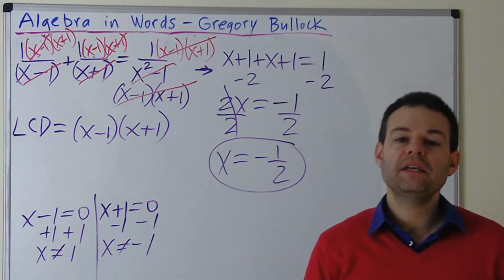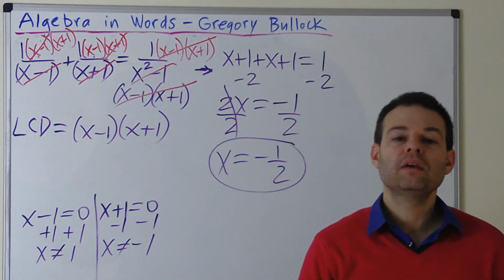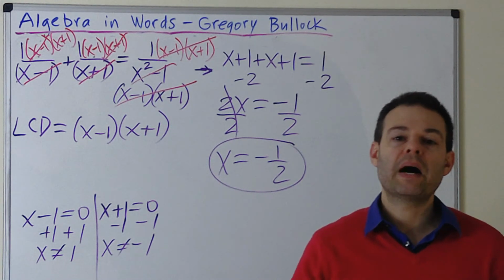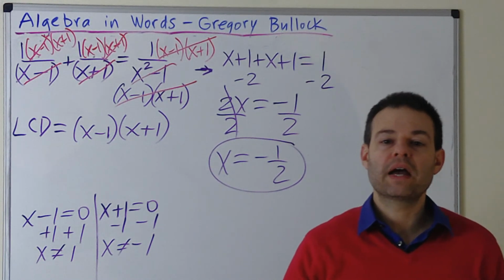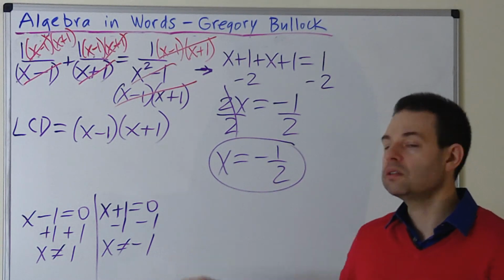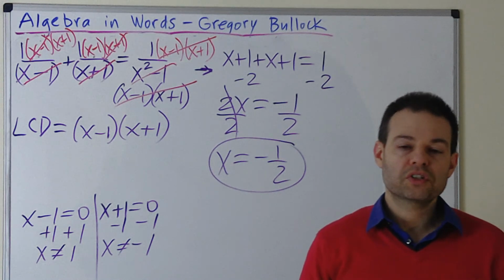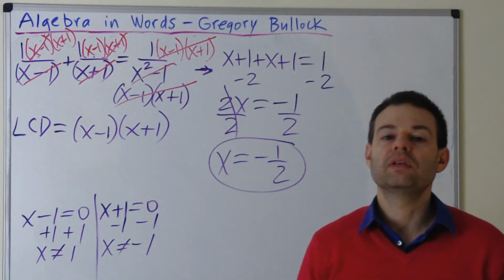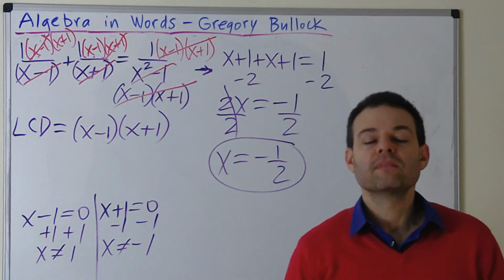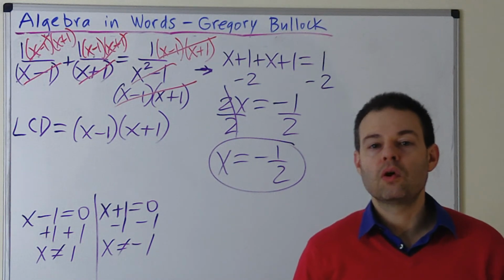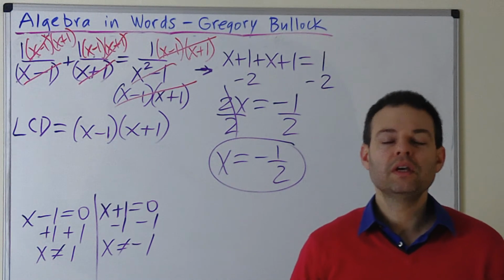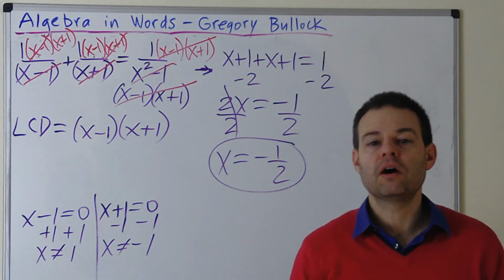We canceled out any common factors in the top and bottom, and then we took whatever was left, multiplied if necessary, combined like terms, and then solved for x. Then we compared x to the extraneous solutions, which came from solving for x from the denominators of the original fractions. It's very important that you remember to always set your denominators equal to 0 to find the extraneous solutions first, because it's a step that a lot of people often forget.